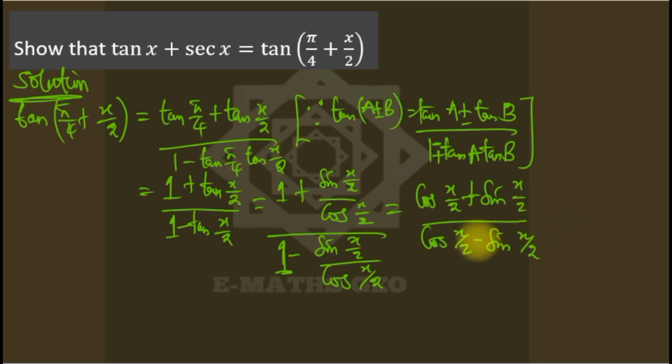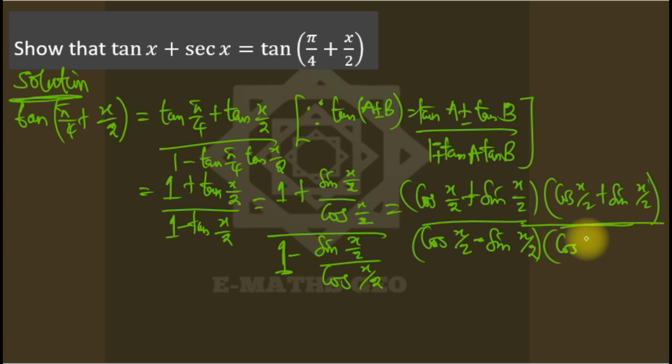And again, let's multiply the numerator and denominator by cos half x plus sine half x. So we are still correct.